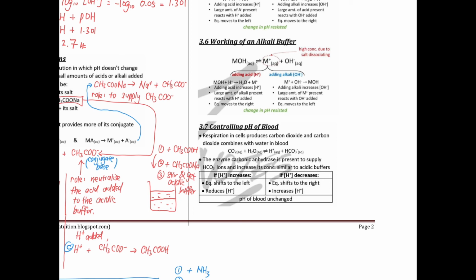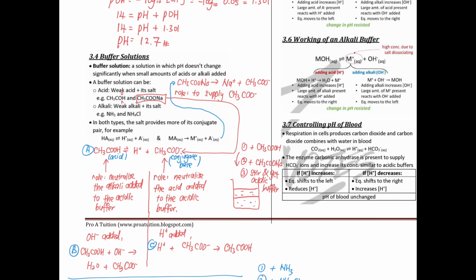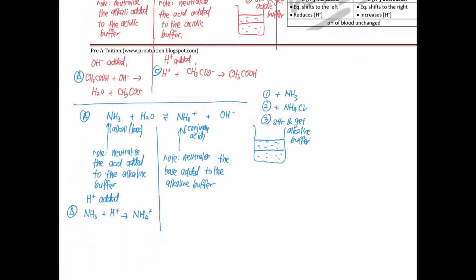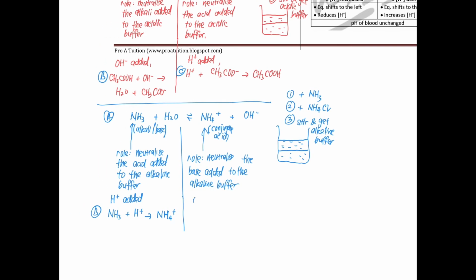Let's take an example for our case here. If we have OH minus added, I call it equation C. Who is going to handle it? It is ammonium ion.